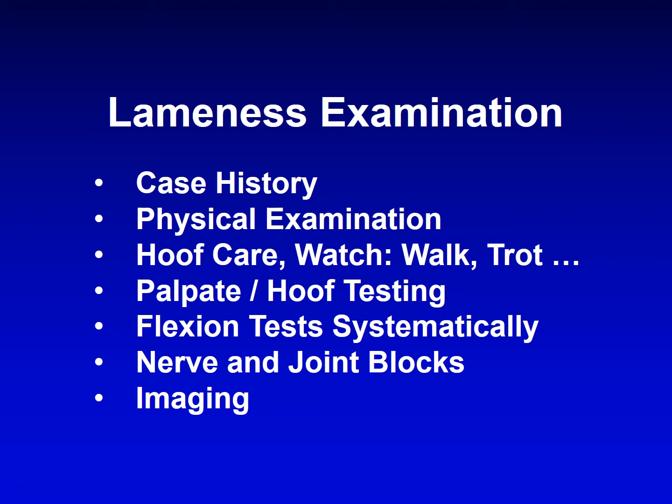After that, we do some hoof investigation. Since we start, as I mentioned, systematically, we're going to start from the ground up. We don't start from the head down. We start from the ground up. Okay, so we go with the hoof first, and then we see if they're well cared for or not, and then we're going to watch the horse walking, trotting, jogging, whatever the horse is used to do.